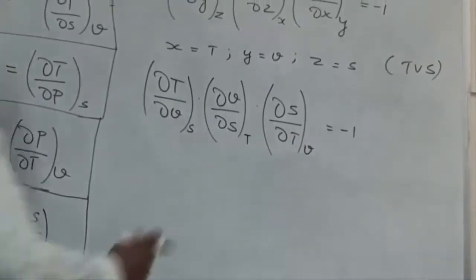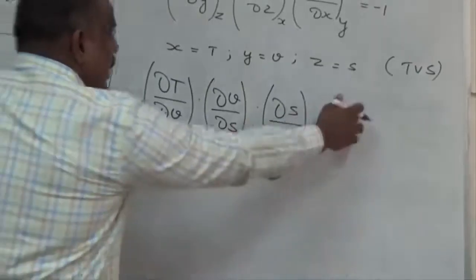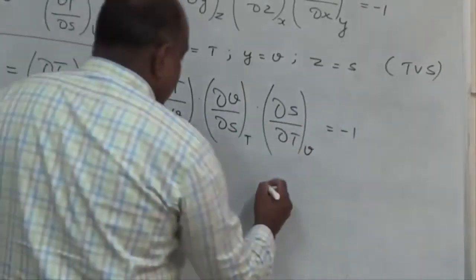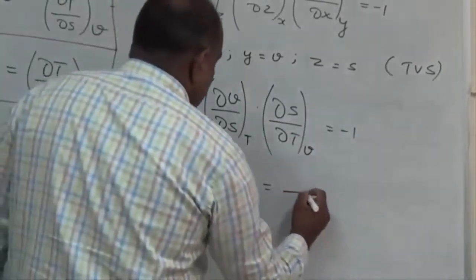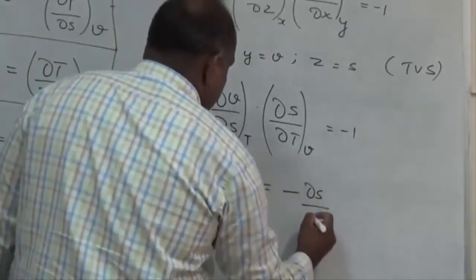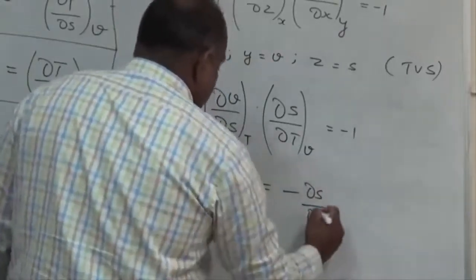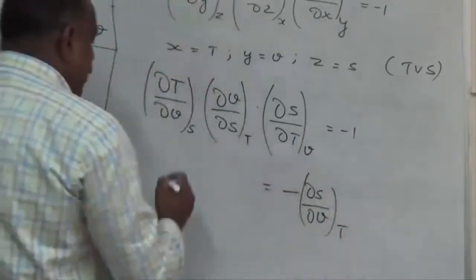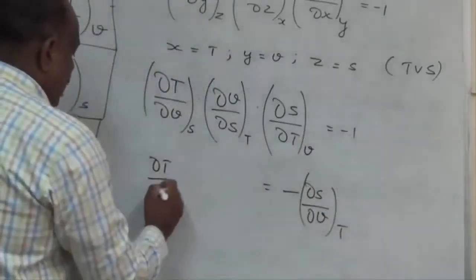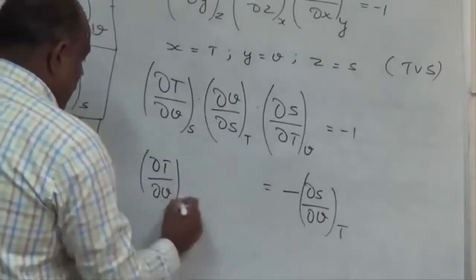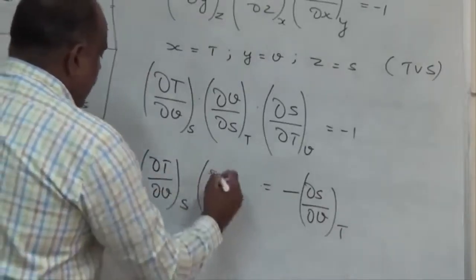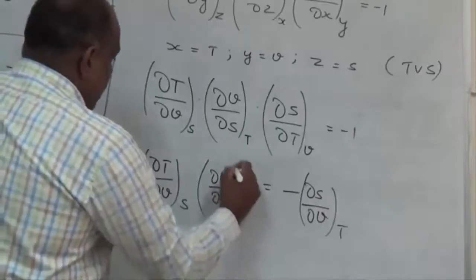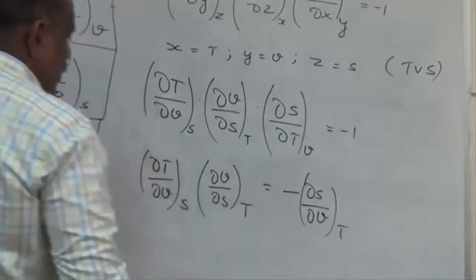Now I am going to take the second term alone to the other side. So it will become minus ∂S/∂V at constant temperature will be equal to ∂T/∂V at constant entropy and ∂V/∂S at constant temperature.